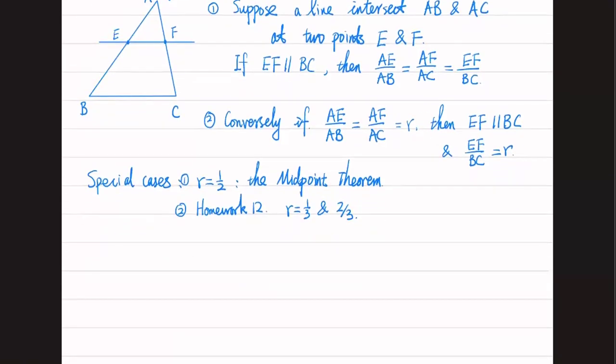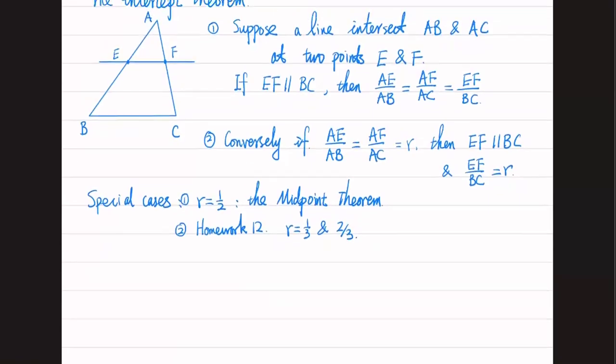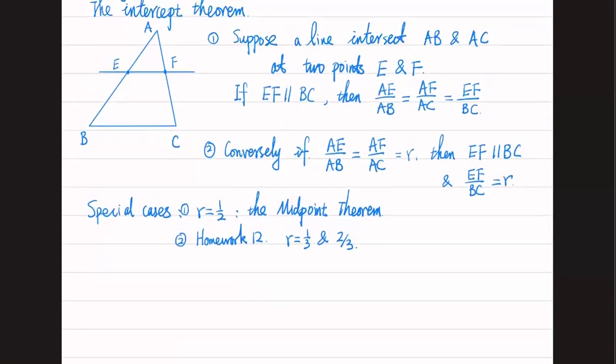So from there, we introduce the similarity property.